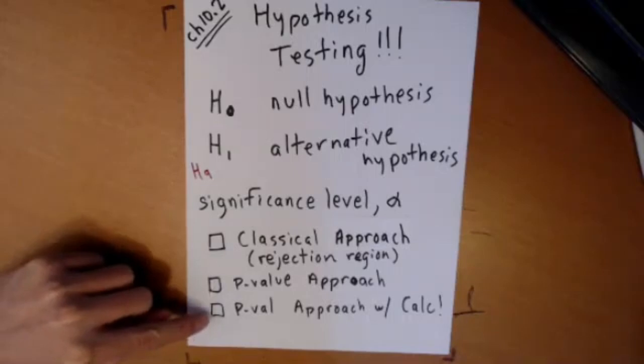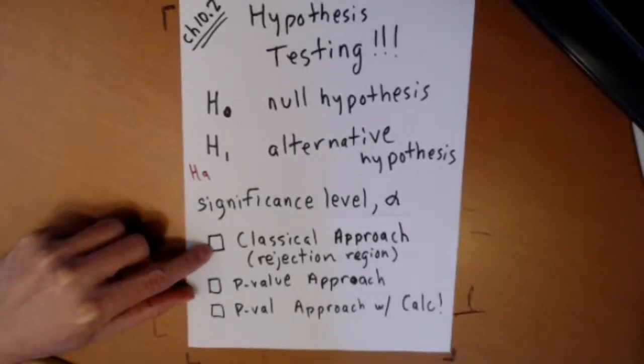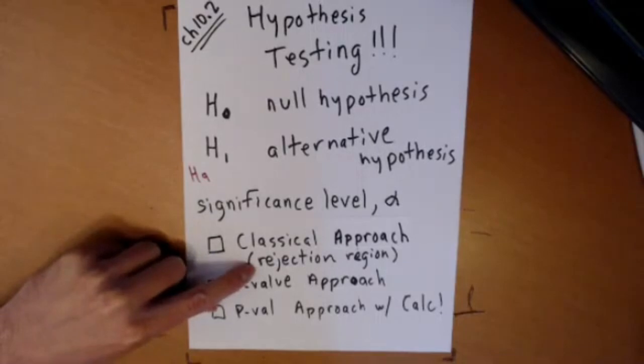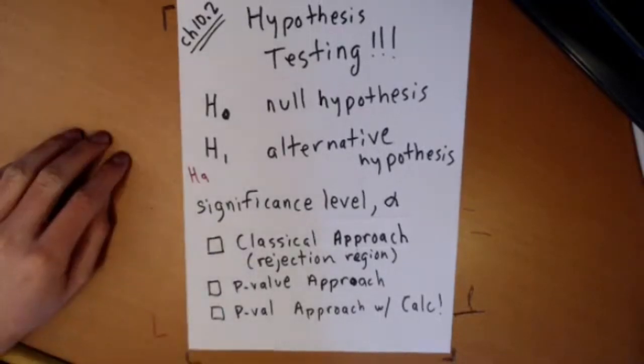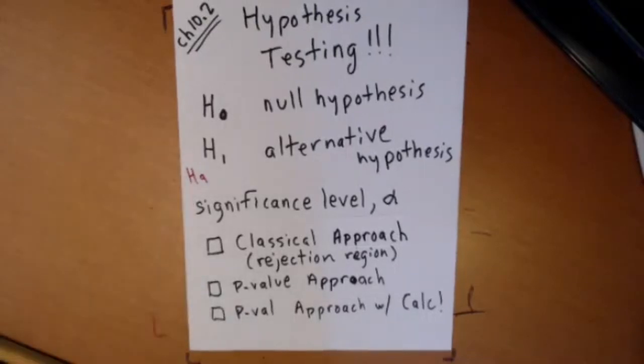This way is a little bit magical. And then we do it the classical way because there's going to be other tests in the future that don't have the magic of the calculator. So we need to understand the rejection region approach. Okay, a lot going on, I know. Okay, well let's just pause there and get ready for problem number 1.